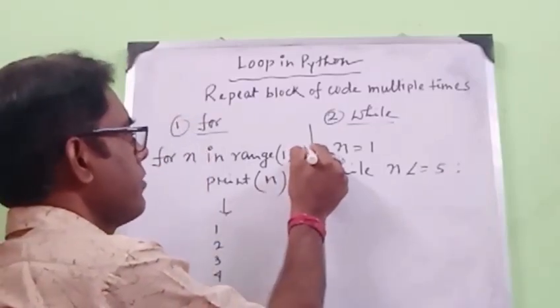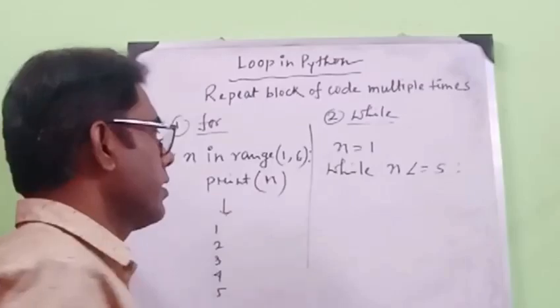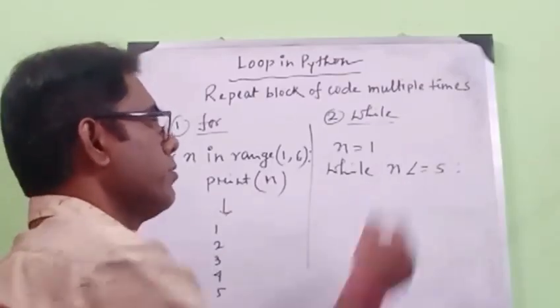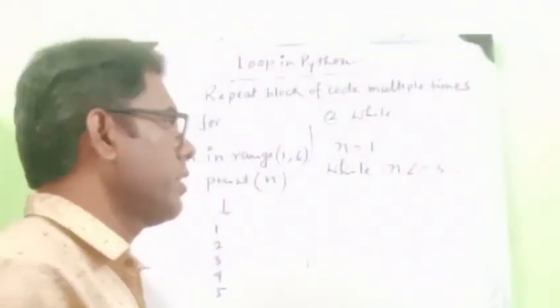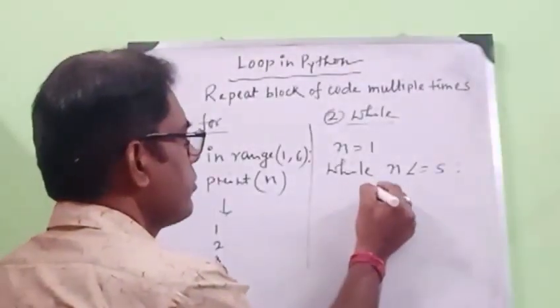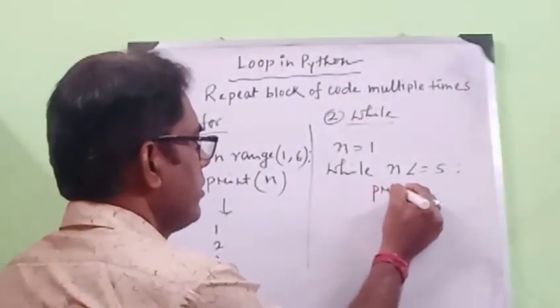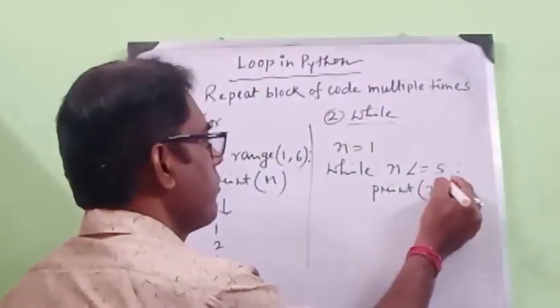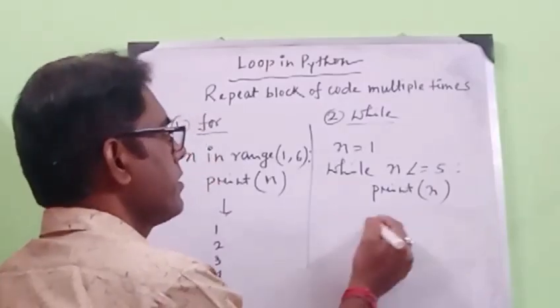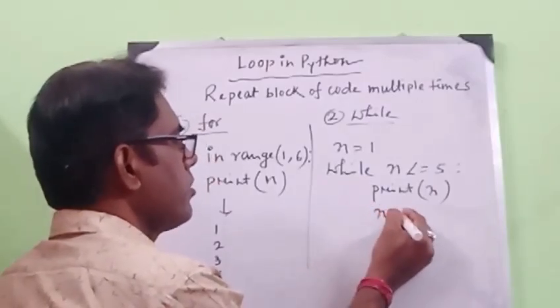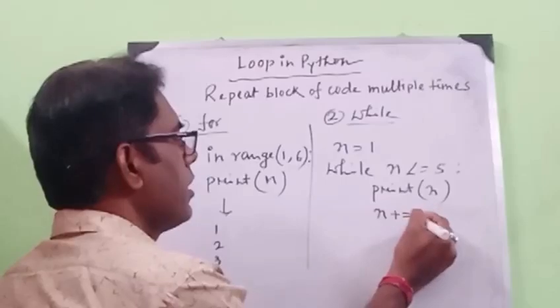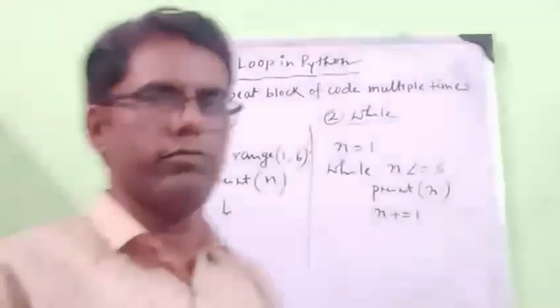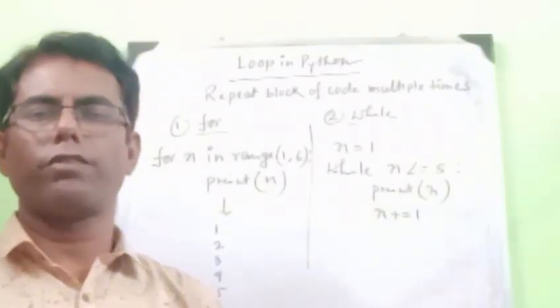Here you have to give the colon, because every construct requires a colon at the end. Now we have to write down the line that we want to repeat many times. So here the value of n should be displayed, and each time n should be incremented by 1, otherwise it will not continue. So this is the syntax of for loop and while loop.